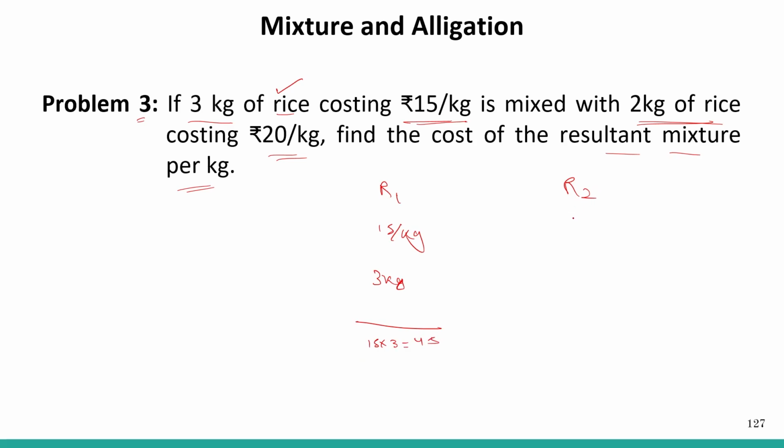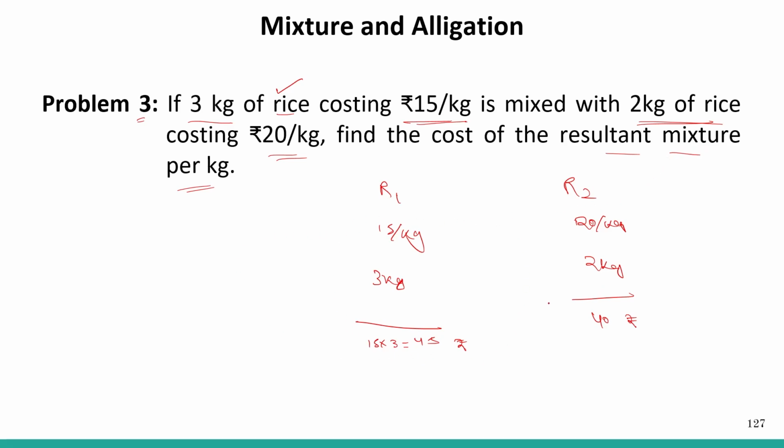So for R2, its price is 20 per kg, right? And we have 2 kg of it. So its total cost becomes 40 rupees. Okay, 45 rupees here, and 40 rupees here. It asks us to find the cost of the resultant mixture per kg.